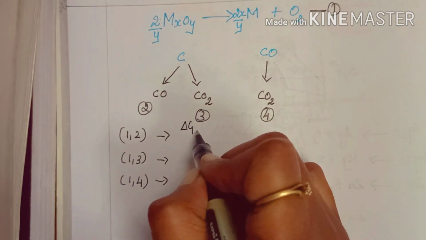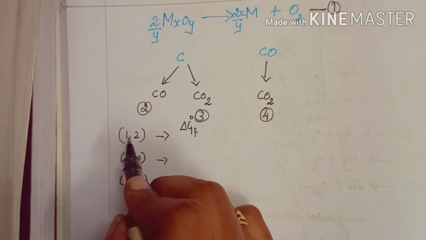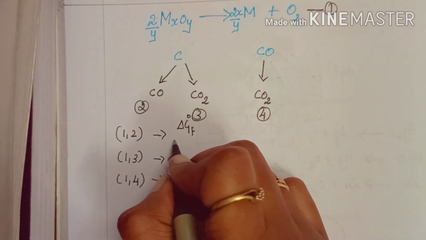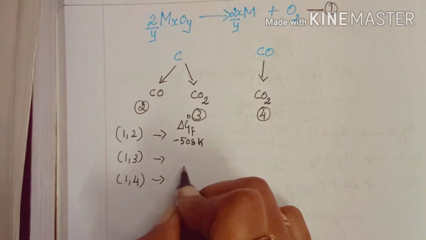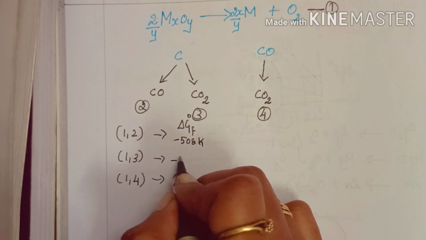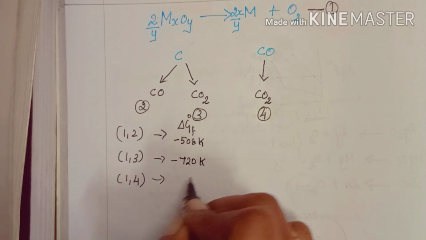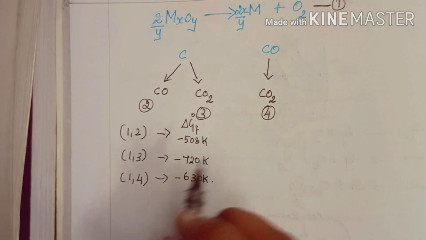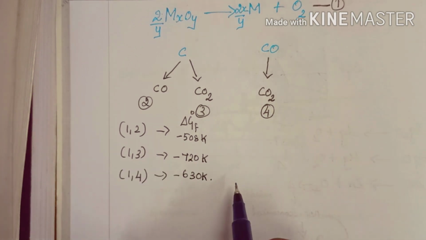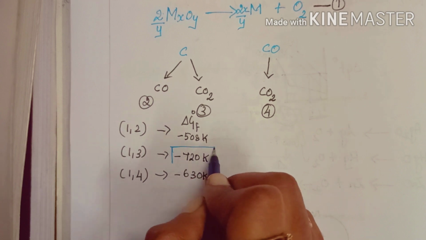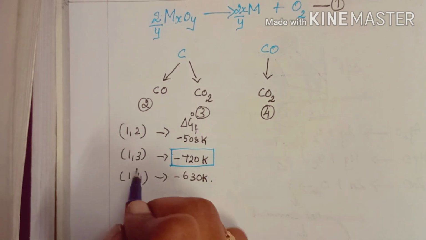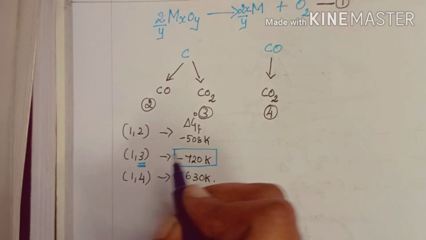If delta G value of 1 and 2 is minus 508 Kelvin, if suppose for the second it is minus 720 Kelvin and for third it is 630 Kelvin. Now which one has the largest negative delta G value? Second one has. So which is the reducing agent involved here?